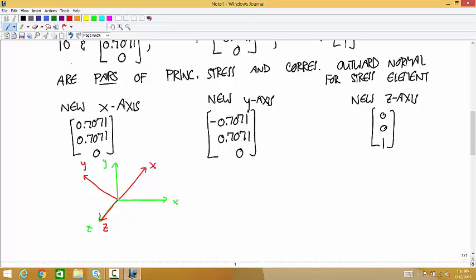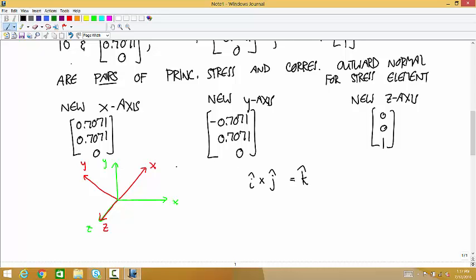And now you have to check and make sure that it obeys the cross product rules for the axes that a coordinate system has to have. The x axis crossed with the y axis needs to give you the z axis. So let's just check all these.